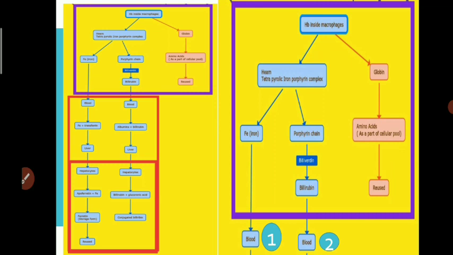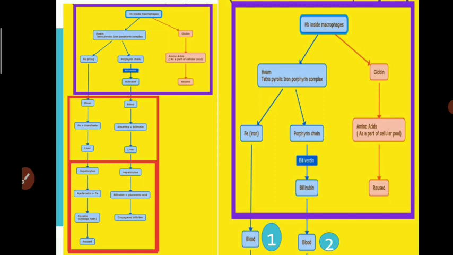On the other hand, the heme group is further broken down into 2 parts, the iron and the porphyrin chain. You must remember that heme is an iron porphyrin complex in the form of a circular ring. This ring is broken and is converted into a porphyrin chain. Therefore, this chain is no more able to hold the iron inside it.